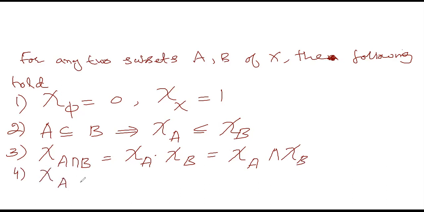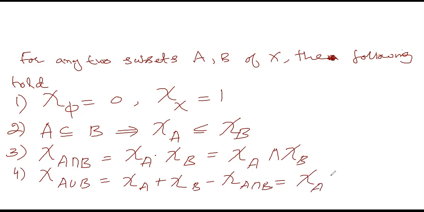Chi of A union B is equal to chi of A plus chi of B minus chi of A intersection B, and it's also equal to the join of chi A and chi B.